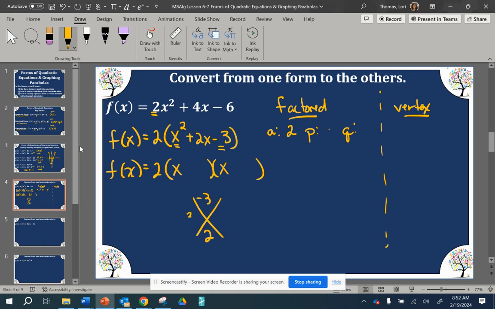So we could say 3 times -1 gives me -3 when I multiply, and when I add these, I get a sum of 2. So we're going to have (x + 3)(x - 1). This is factored form. We have an a of 2, we have a p of -3, and we have a q of +1.